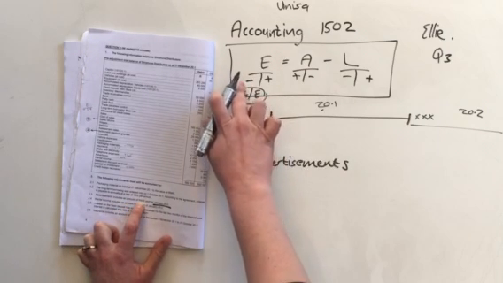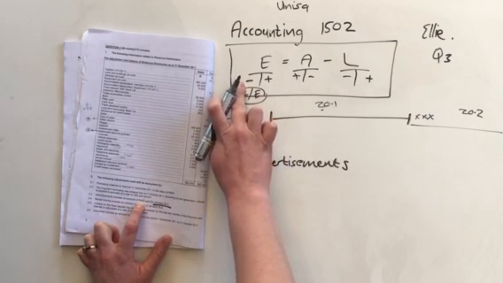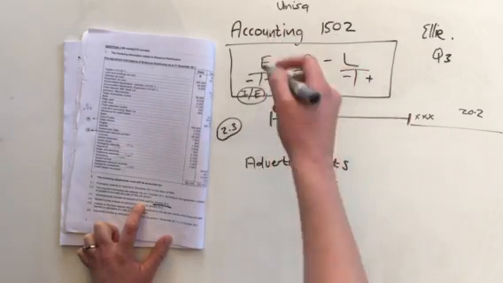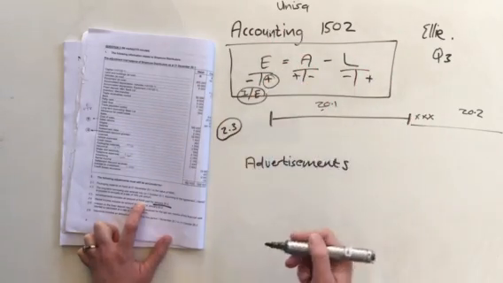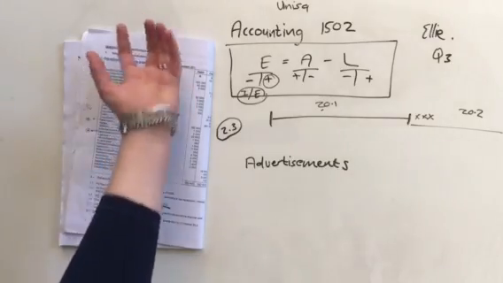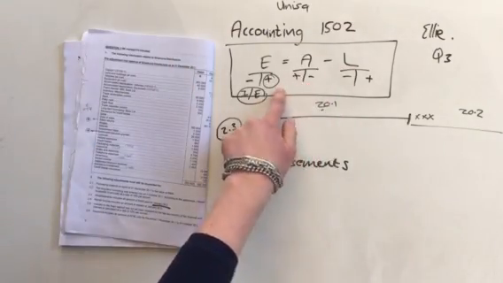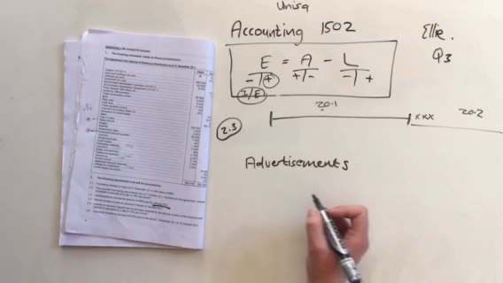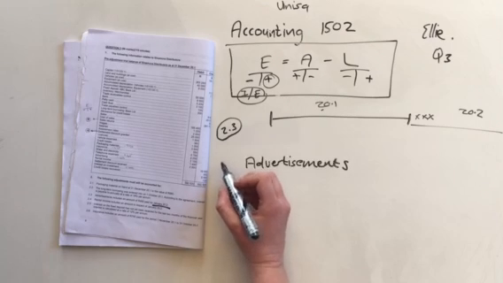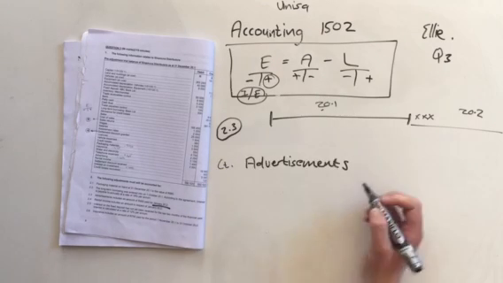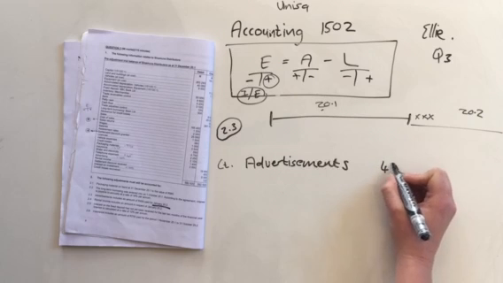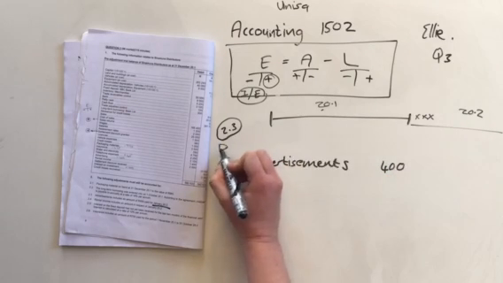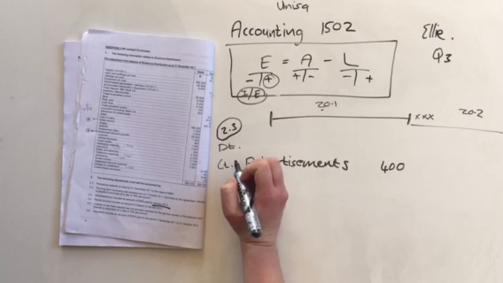So we've already included it in our expenses, where we shouldn't have because it's only for next year. So we want to take it out. So if it is on that side, we take it out by putting it on the other side. So the other side, the credit side, will be advertisements, 400 Rand, and then we can debit prepaid expense.